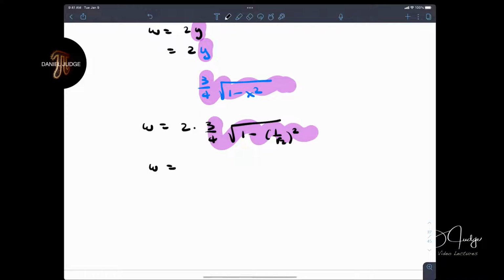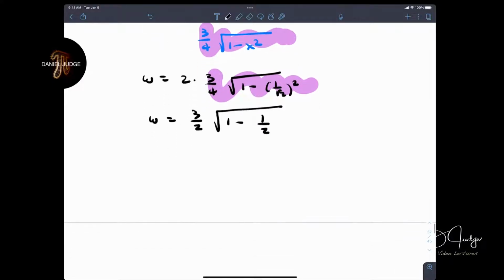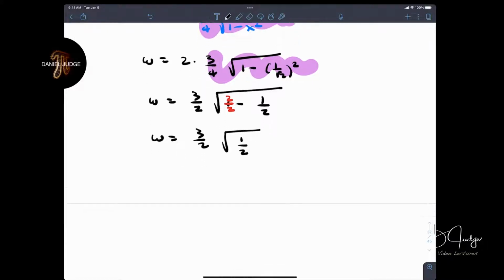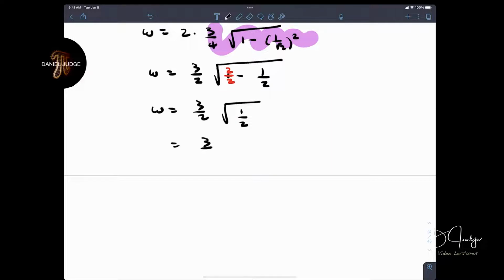So the width becomes 3/2 now, square root of 1 minus 1/2, which will be 3/2 times 1 over the square root of 2, and we rationalize that denominator. So this will be 3 times the square root of 2 over 2 times 2, which is 4. So here's my width, ladies and gentlemen.